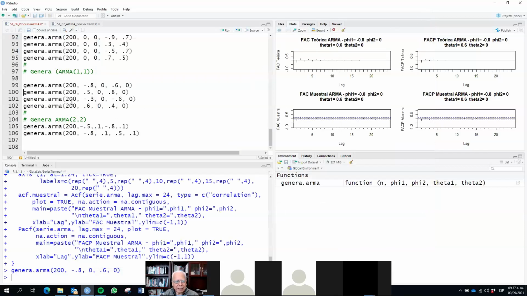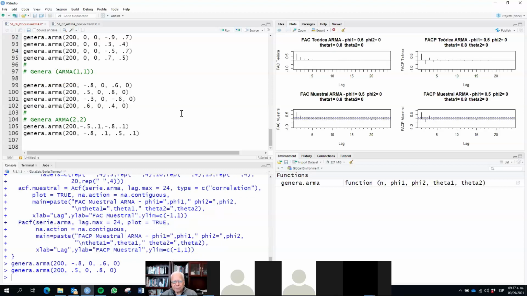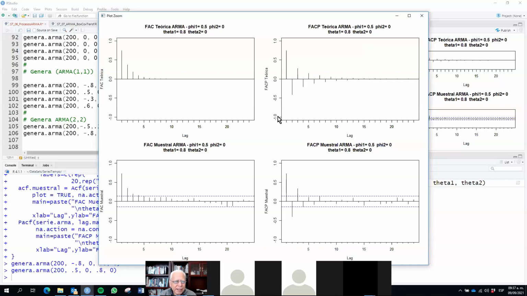Now let's look at the next series. This is another ARMA(1,1), but here phi1 is 0.5 and phi2 is 0, because it's a second order autoregressive polynomial, and theta is equal to 0.8 in this case.